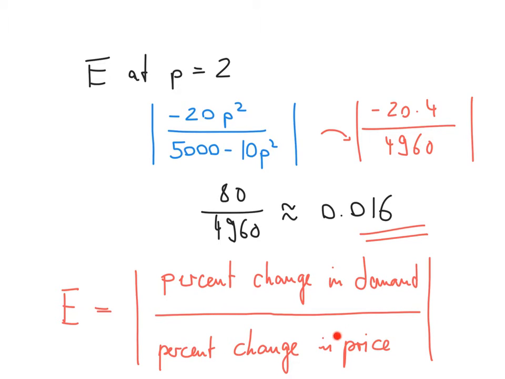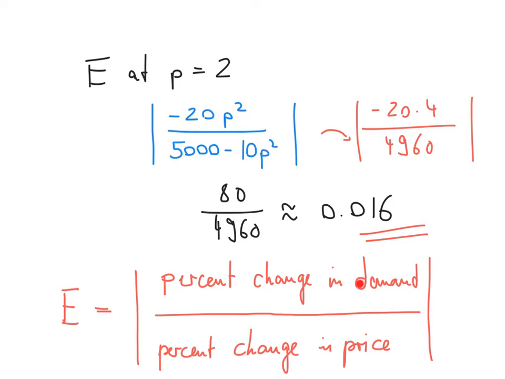Relative change in price is in the denominator, change in demand is in the numerator. So if those two are equal, this would give a value of 1.